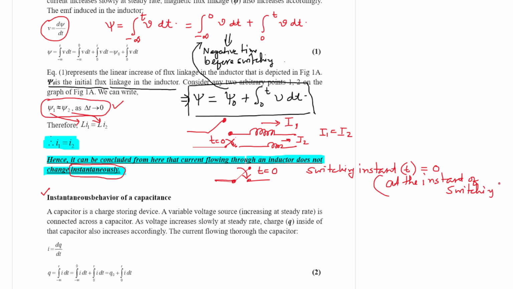Now again, it can be split into 0 minus, which means just before the switching.